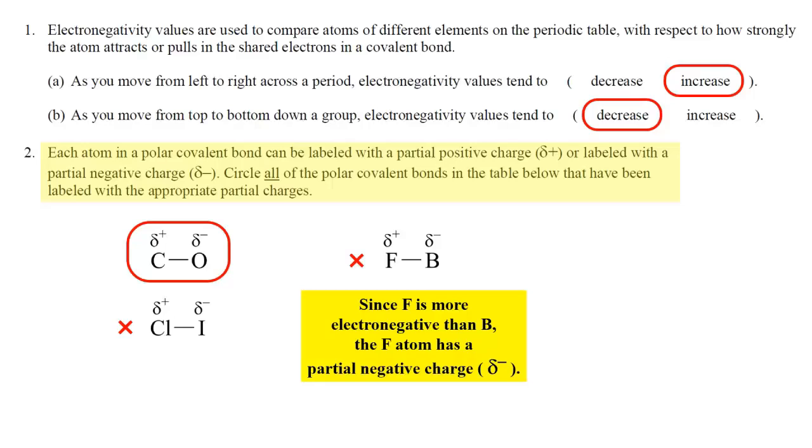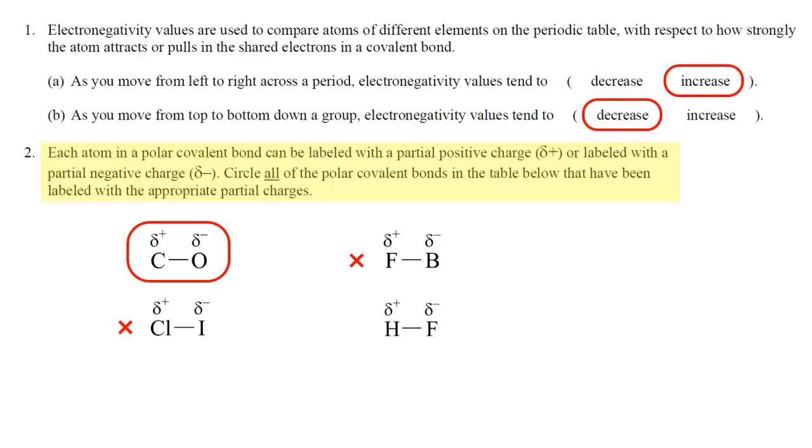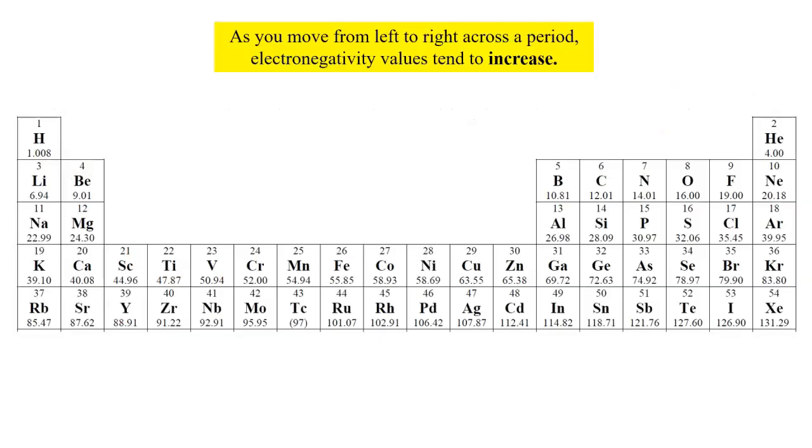All right, moving on to our next bond. This is the bond between hydrogen and fluorine. So we can see that hydrogen is on the left, fluorine is on the right. That's a pretty significant difference. And in general, as you move from left to right across a period, electronegativity values tend to increase. Even though hydrogen and fluorine are not located in the same period, this is still consistent with that horizontal trend.